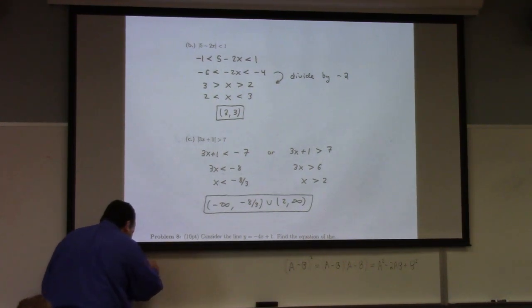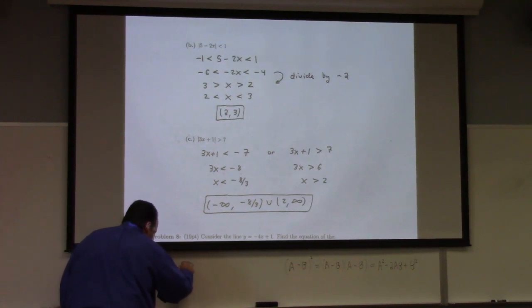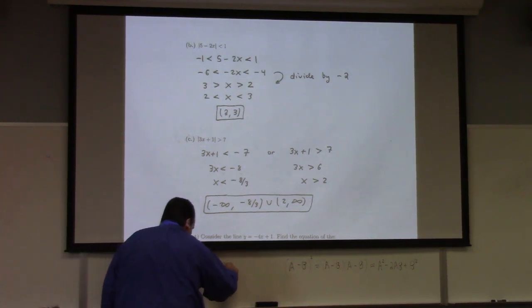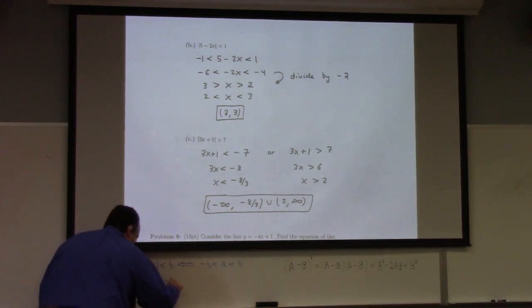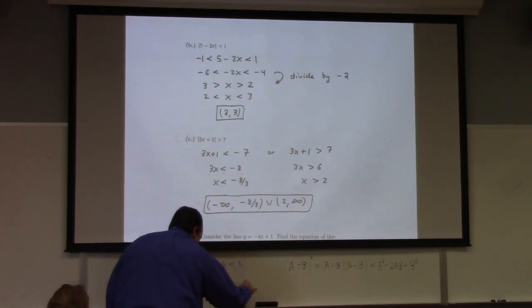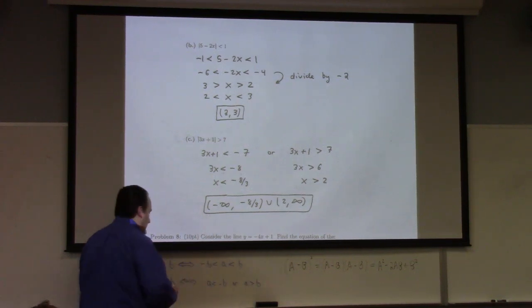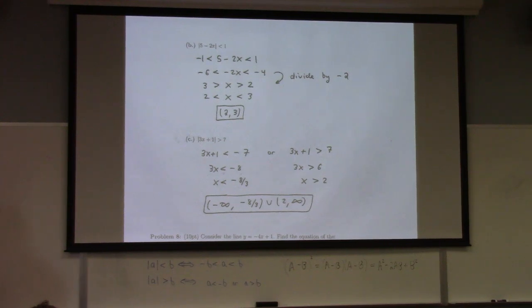If we have absolute value of A is less than B, that is equivalent to minus B less than A less than B. And if we have absolute value of A is greater than B, that's equivalent to A less than minus B or A greater than B. So basically those are the two rules, and you can adapt them for different choices of A and B. Whatever A and B happen to be equal to here, B was equal to 1, and A was equal to 5 minus 2x for the first part, right?